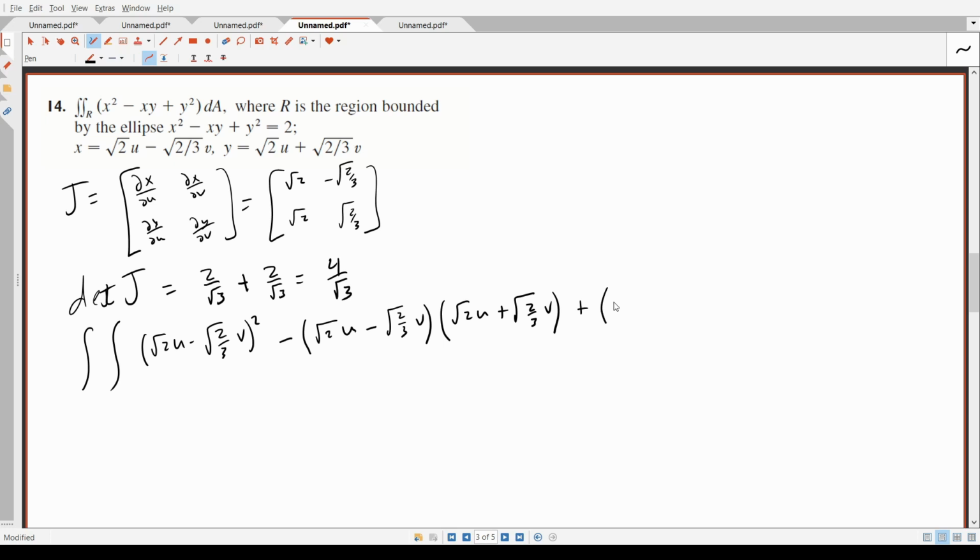That's going to be root 2u plus root 2 over 3v squared. Okay, so this looks like a bit of a pain to expand this out, but it's going to make the integration in the end a lot easier.